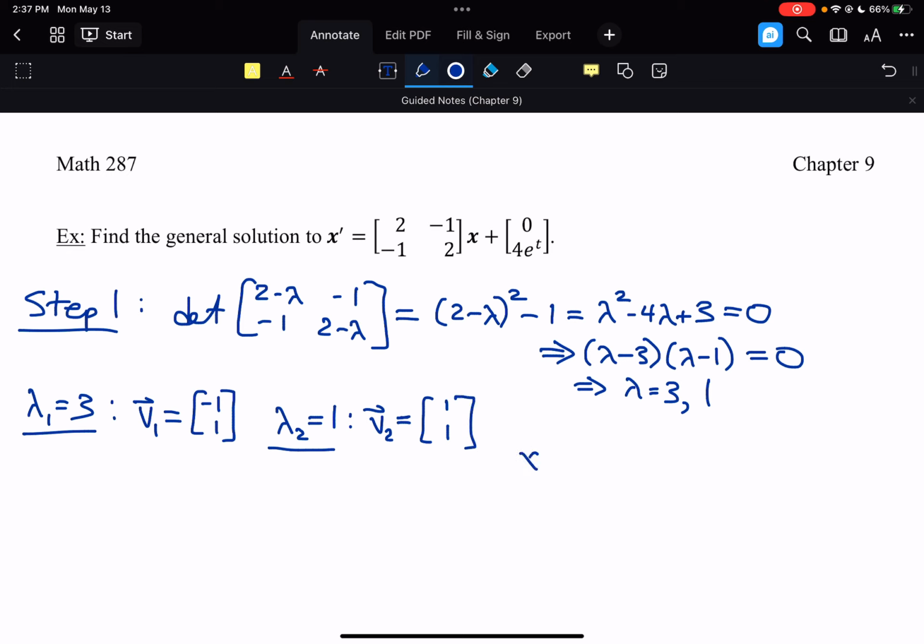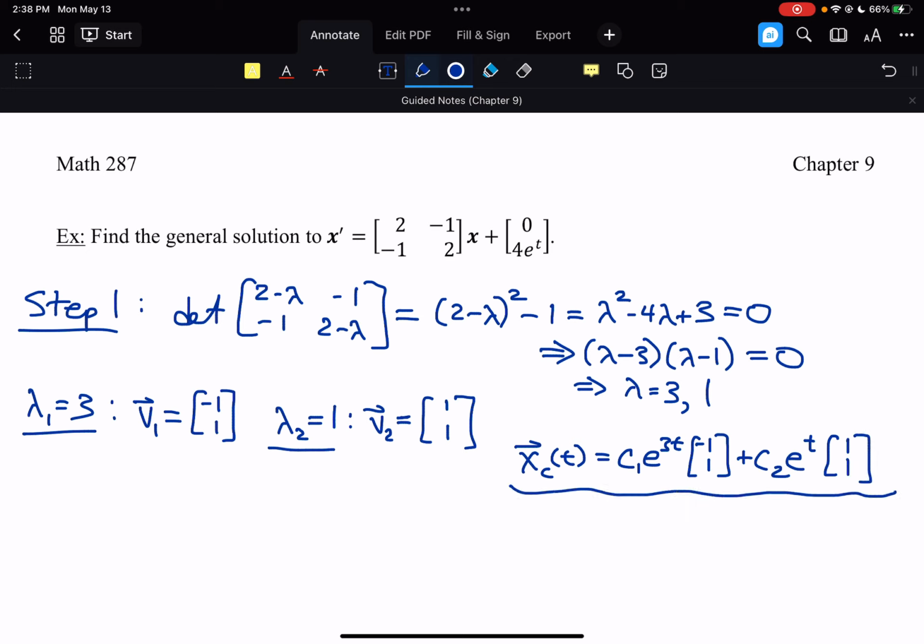So that gives us our complementary solution, the solution to the corresponding homogeneous system. That's going to be c1 e to the 3t times (-1, 1) plus c2 e to the t times (1, 1). So that's our complementary.